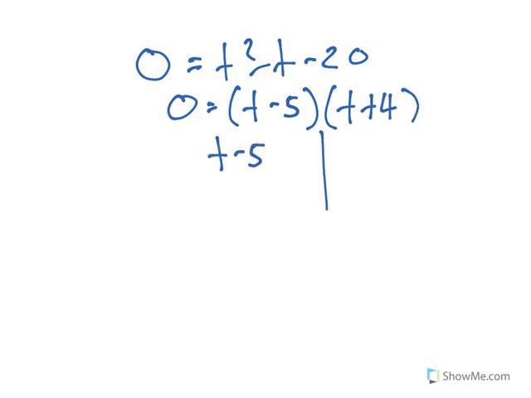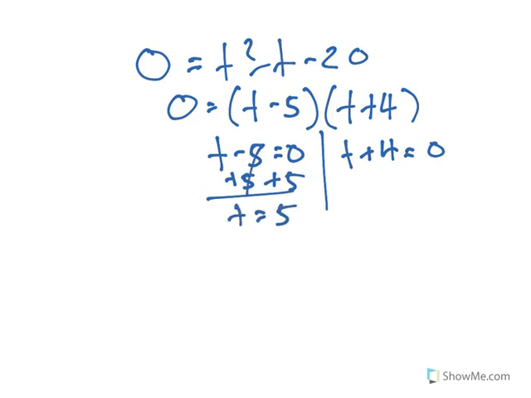So t minus 5 is equal to 0, and t plus 4 is equal to 0. One of my solutions, as we expected, is t equals 5. The other one is t equals negative 4, which, again, we're going to say is rejected.